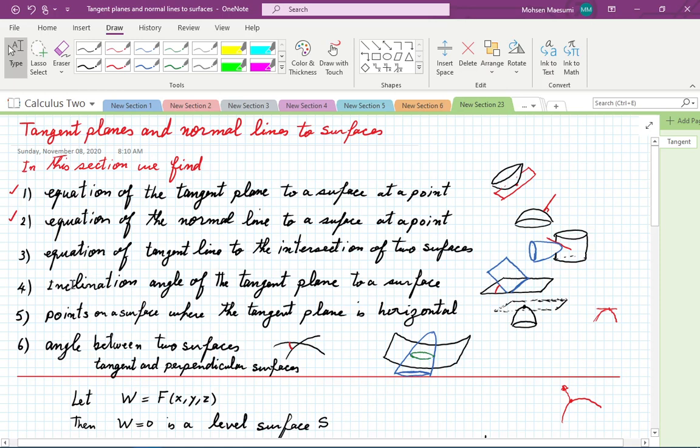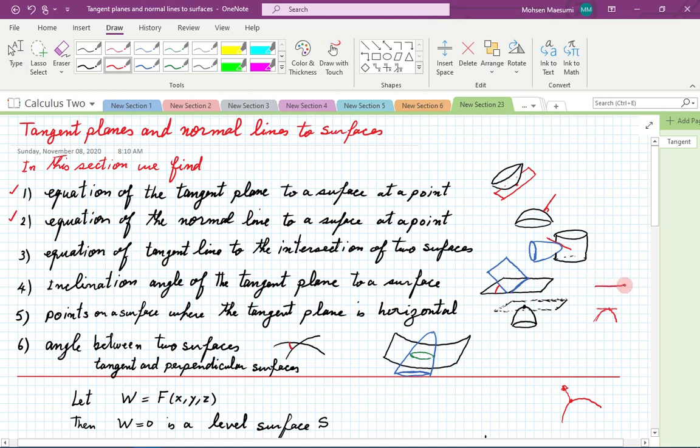Question number 4 here is inclination angle of a tangent plane to a surface. So once we have a tangent plane, sometimes the question comes up what angle it makes with the xy coordinate plane. This is very similar to the question that is raised in Calculus 1.